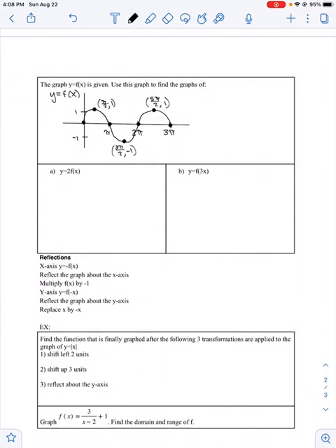So we have this graph that we're given, and we're going to use this graph to find the graph of y is 2f of x. So the 2 is in front of the function, so that means we have a vertical stretch, and we're going to multiply y by 2. When it's in front of the function and it's a whole number, we have a vertical stretch.